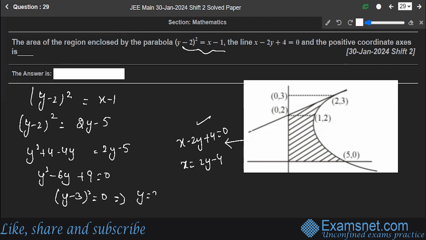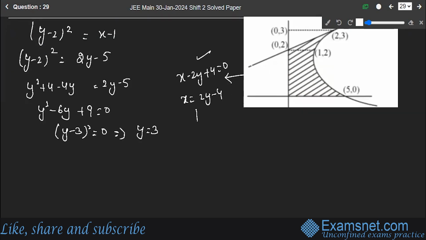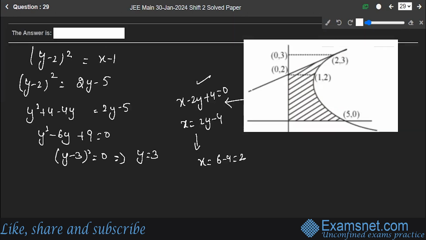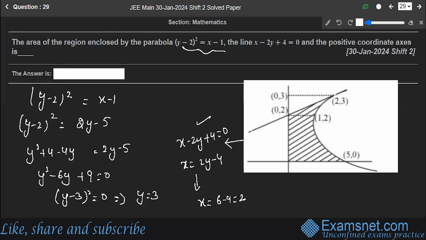This gives me y is equal to 3. And when y is equal to 3, you will find the corresponding value of x will come out to be 2. So this is the point of intersection of the parabola and the line. This line is cutting your y-axis at the point 0, 2. See, when you put x is equal to 0, y will become equal to 2, obviously.